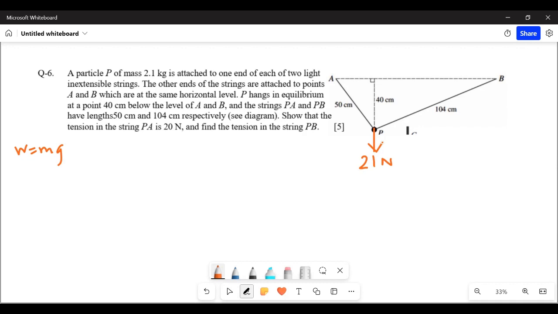The ring is not mentioned to be smooth and it's not forming an isosceles triangle, meaning that the tensions in both the strings are going to be different. Plus, it's also mentioned in the question that PA is supposed to be 20 and to find the tension in string PB.